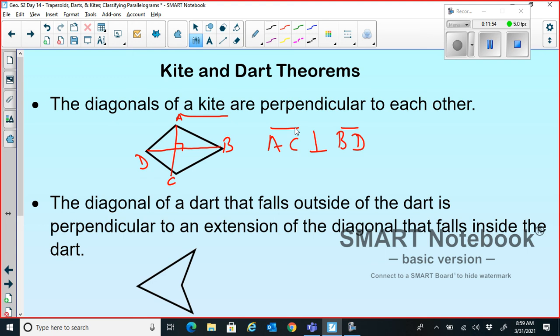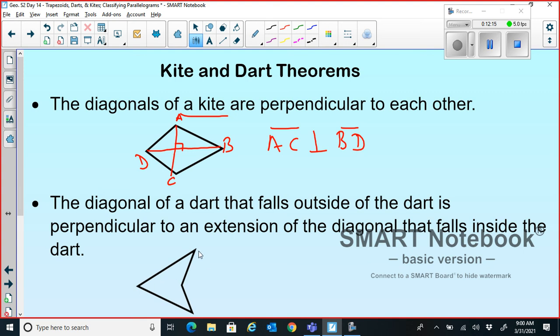In the same way, even in the case of a dart, the diagonals will be perpendicular, but the point of intersection will be outside the dart. For a dart, the diagonal that falls outside of the dart is perpendicular to an extension of the diagonal that falls inside of the dart.